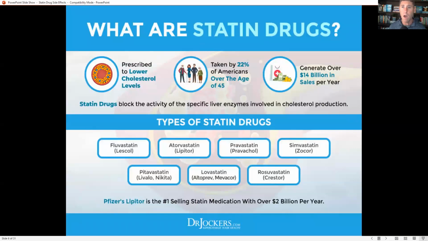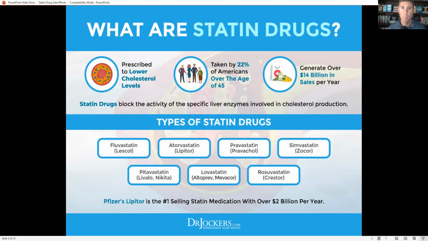However, when we're taught that, we were taught that any total cholesterol level of over 200 is a problem. And if your total cholesterol is over 200, or your LDL is over 100, you are often prescribed cholesterol lowering medications. The most common ones are statin drugs.